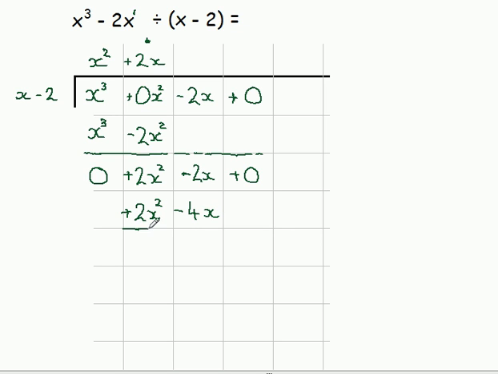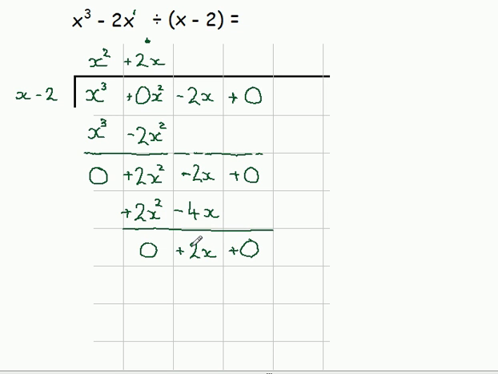Top minus bottom again. That goes to 0, of course. This one minus this one. Again, minusing a minus makes it plus, and so I'm left with plus 2x, and then the plus 0 hasn't been affected, so I just put that there. And then we're going to continue.